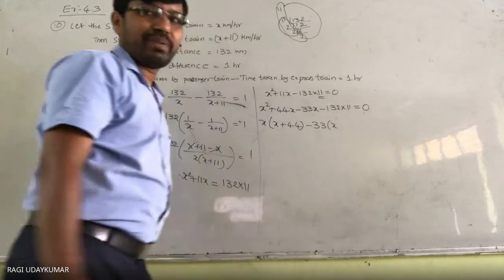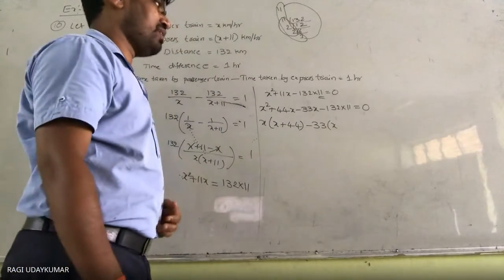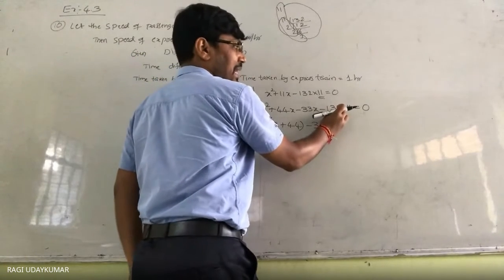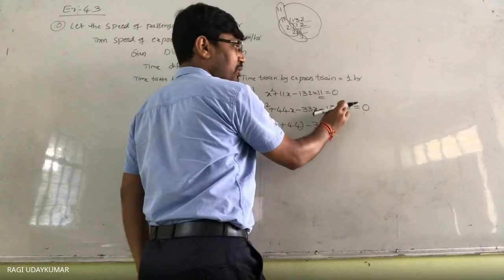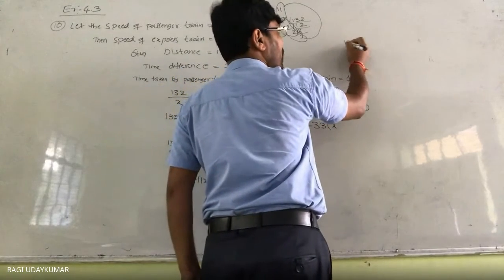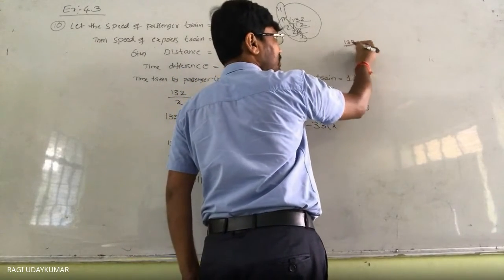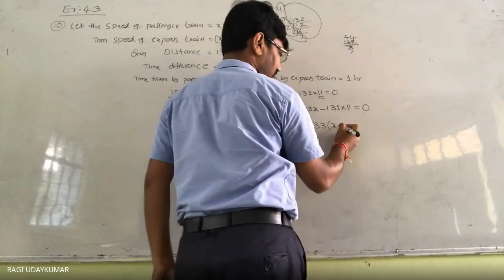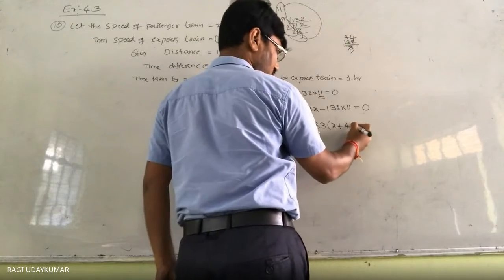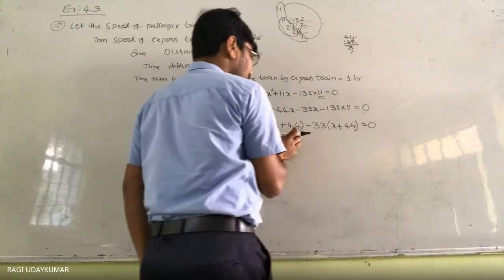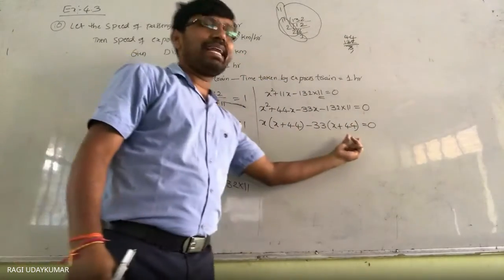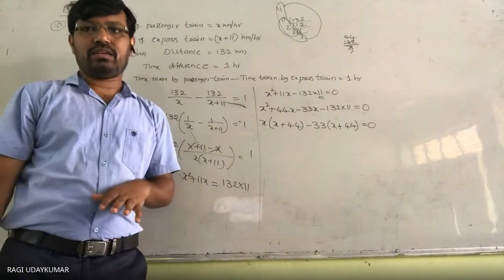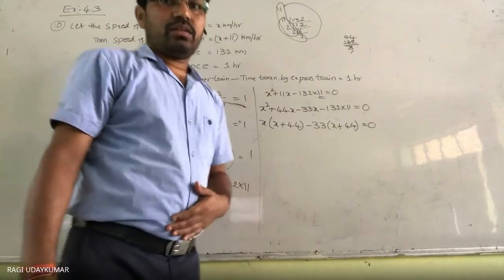Don't write x plus 44 directly; you need to check. Take 3 out of 33 and see whether you get 44 after dividing by 3. 3 ones are 3, 3 fours are 12, yes, 44 is coming. So we are doing the problem right. You need to check.